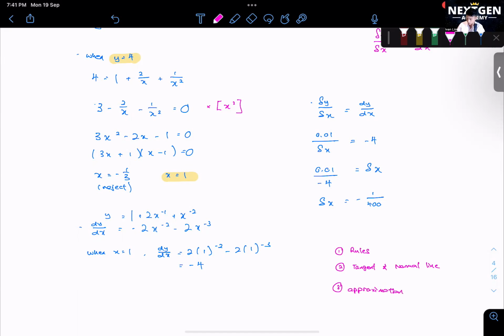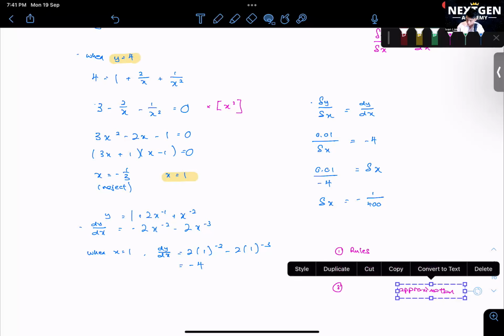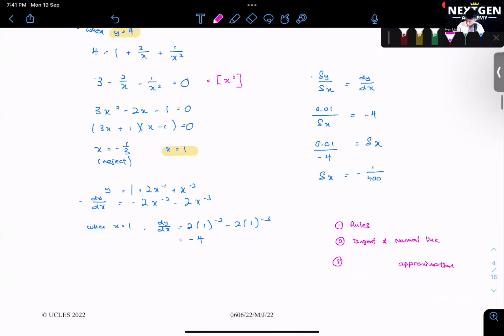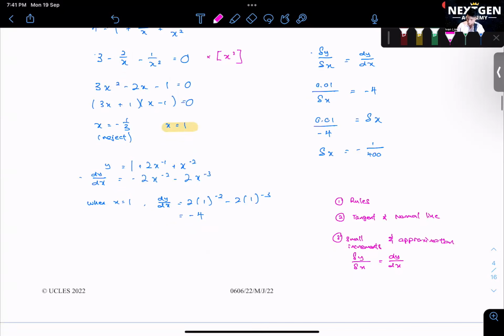Small increments and approximation, which is delta y over delta x equals to dy over dx. Question 4, rates of change, where we use the chain rule.